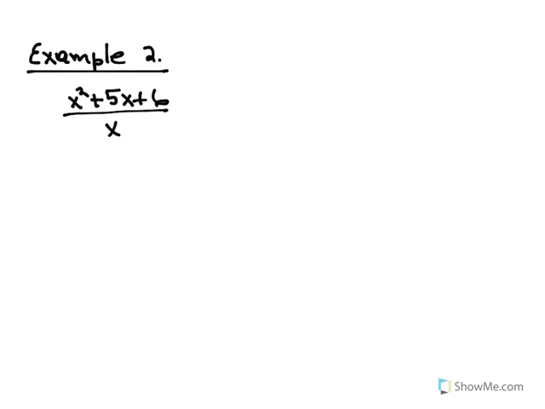This is example 2. Okay, and what I'm going to have is x squared plus 5x plus 6 divided by x plus 2, and this whole expression is going to be divided by x squared plus 2x minus 3 divided by x minus 1.